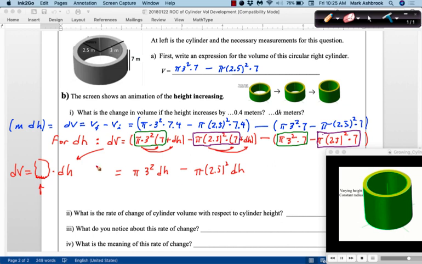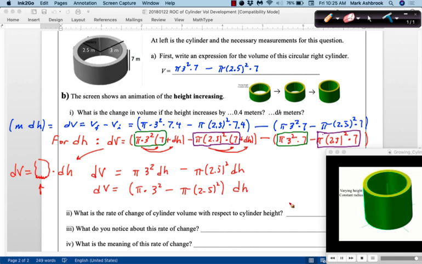So look, we're really close now. So dv equals, what do we want to do? We want to write it as something times dh. Do we have the something? Can we do it? What's the something? Pi times 3 squared minus pi times 2.5 squared.